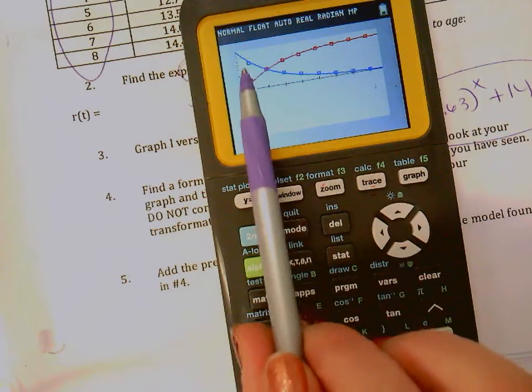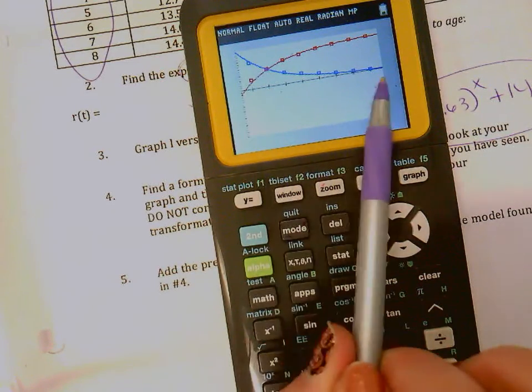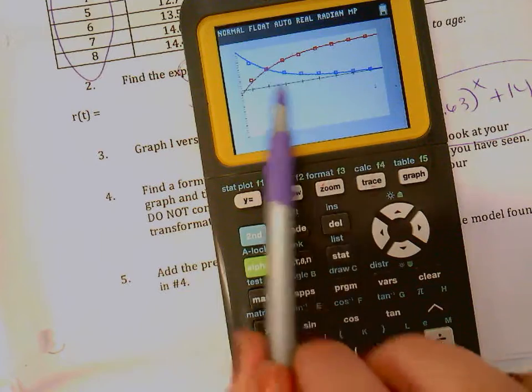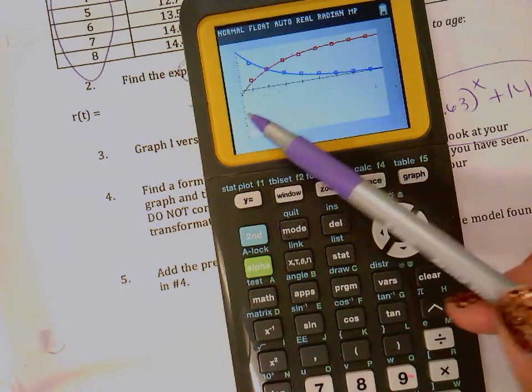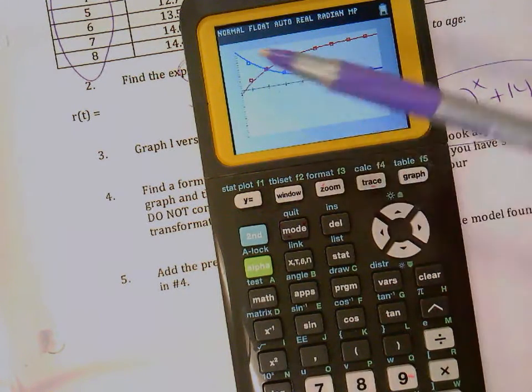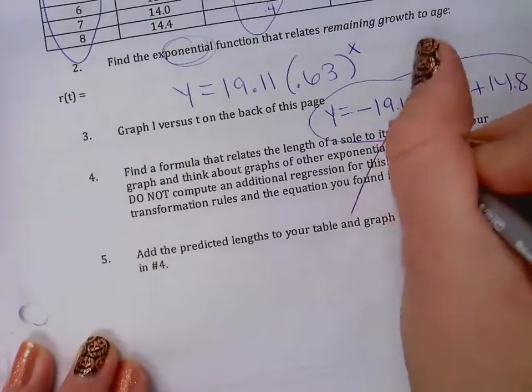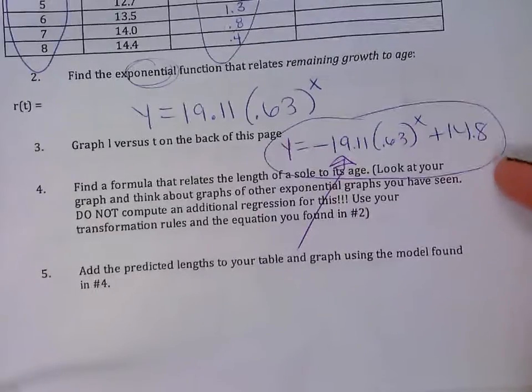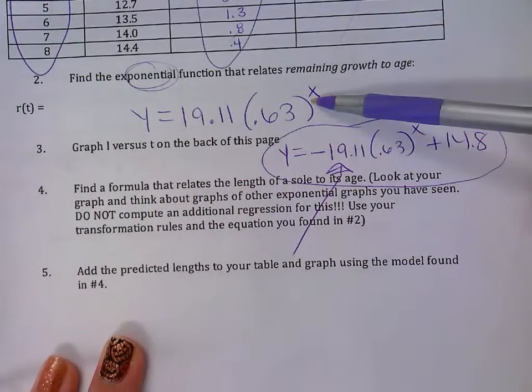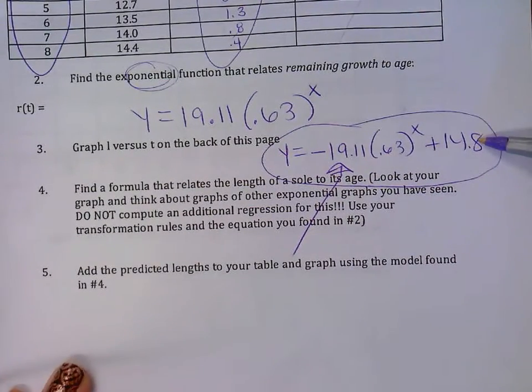So that's why the blue graph looks exponential. Your calculator will do a good job with this blue exponential graph. And then what we did is we flipped the blue graph over and we shifted it up. So now our model for part 4 is right here. It's basically the exact equation we found, but it's flipped over and shifted up 14.8.